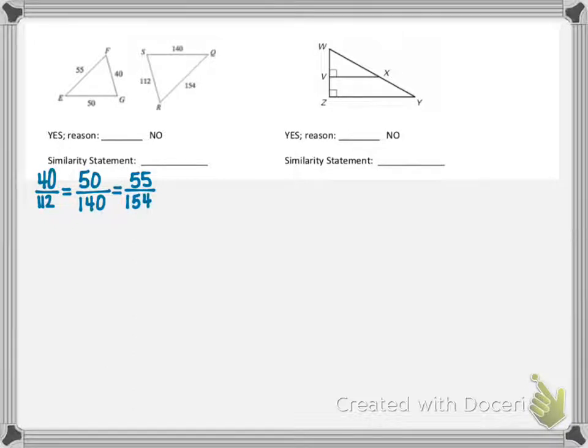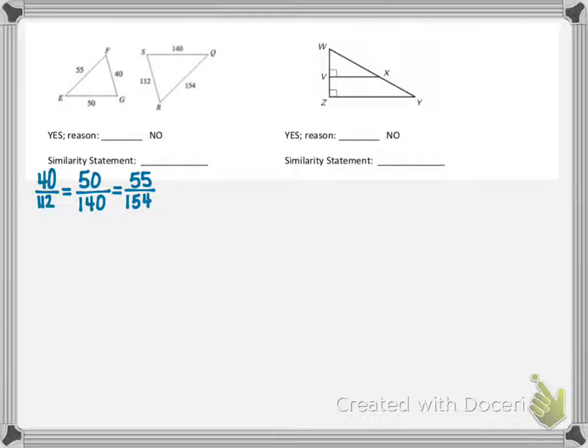All right. Now, go ahead and take one of my calculators and click on that N over D button, and put each of these fractions in. Or just divide each of those numbers on your regular phone calculator. Take 40 divided by 112. Take 50 divided by 140. Take 55 divided by 154.